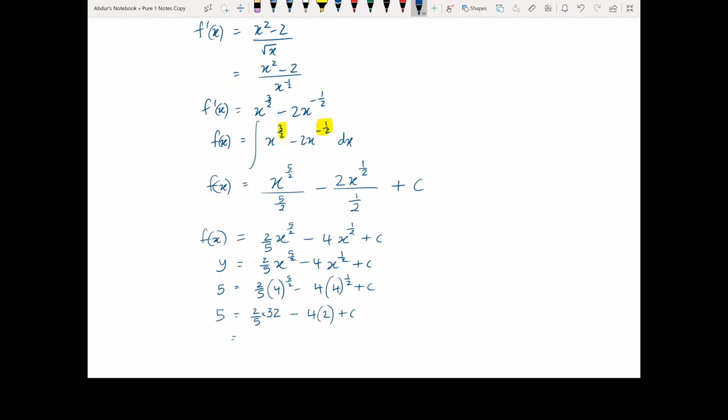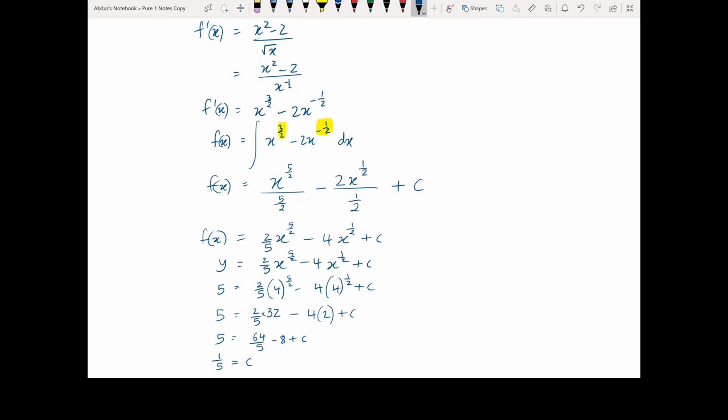So this then gets us 64 over 5 minus 8 plus c is equal to 5. And then if we rearrange that and make c the subject, we get c is equal to 1/5.